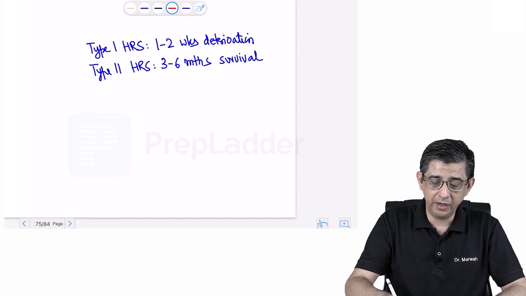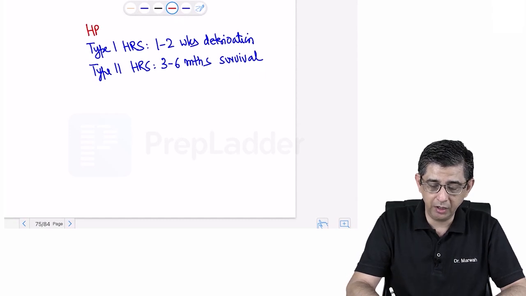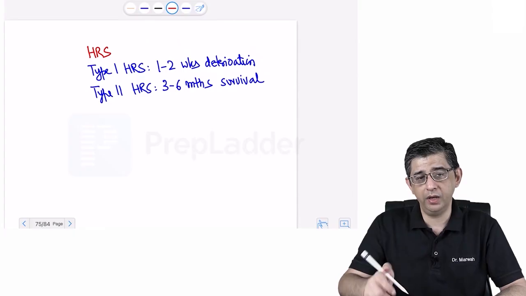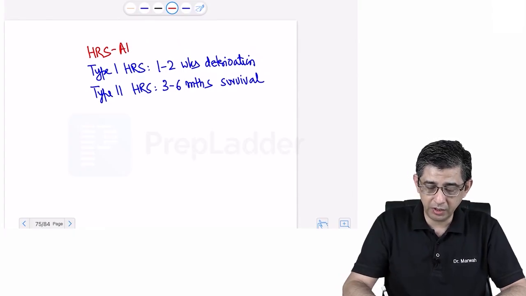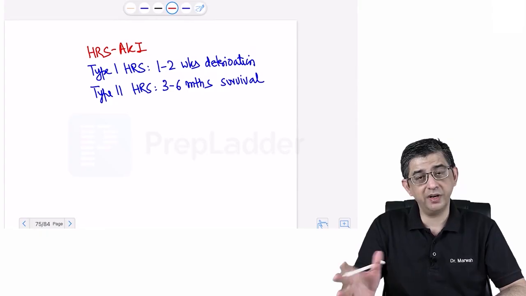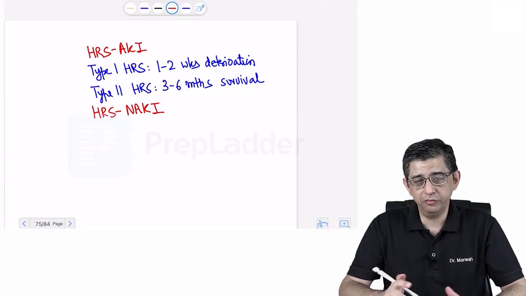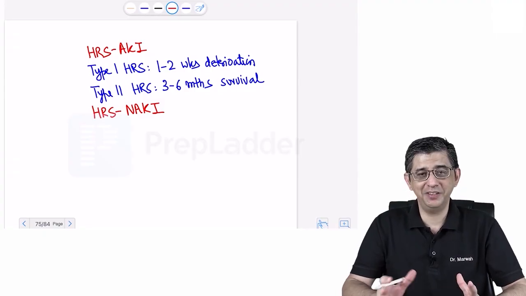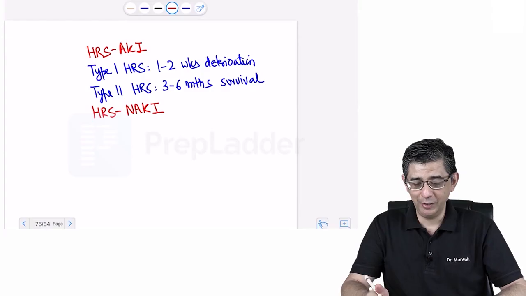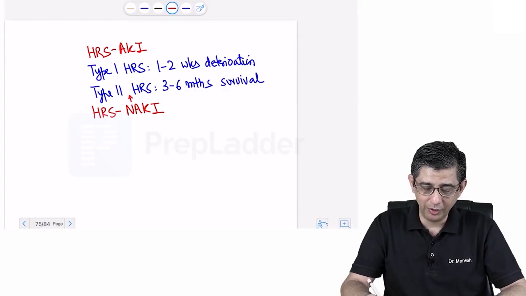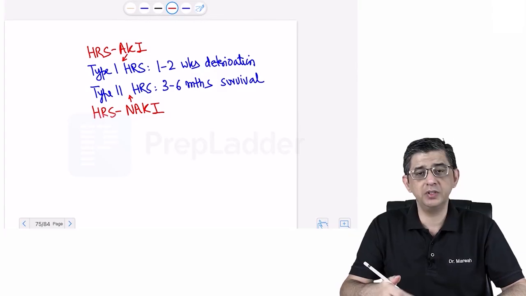What they have done in the current edition is that instead of writing hepatorenal syndrome type 1, they're writing terms like HRS-AKI, which means fast progression. And then you read the term HRS-NAKI, that is non-acute kidney injury. It looks like a very expressive term, but these are the newer terms which I want you to remember for the same disease.